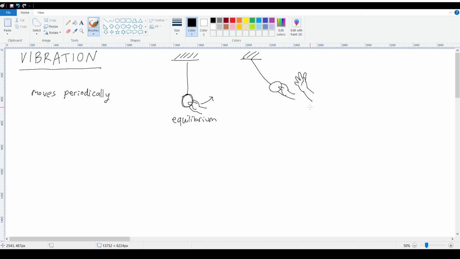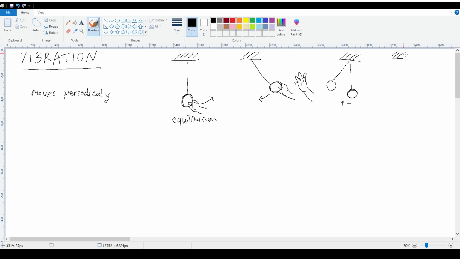If you try this at home or you have a nice imagination, I think you can imagine that this mass would move in this direction. It would reach this initial position, this equilibrium position, but it wouldn't stop there. This object will move again in this direction until it reaches a maximum displacement.